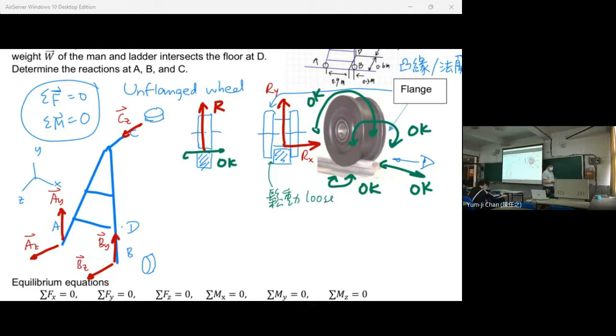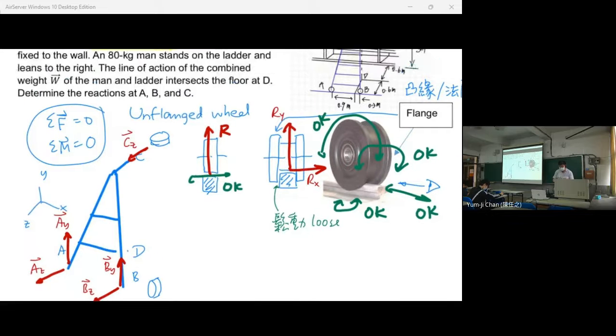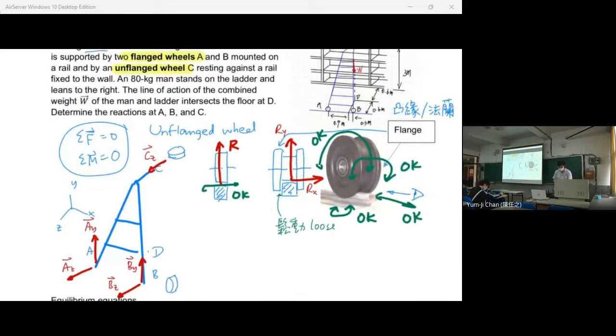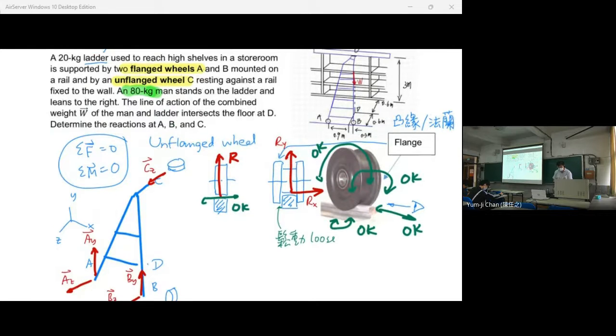So remember that in this problem we have this 80 kilogram man and that 20 kilogram ladder. So there is a combined weight.